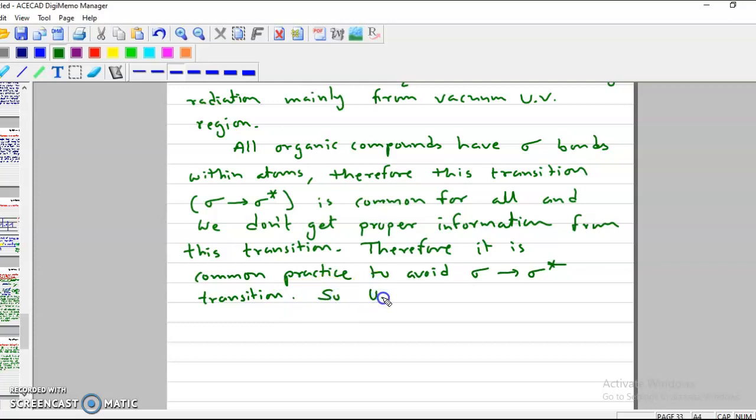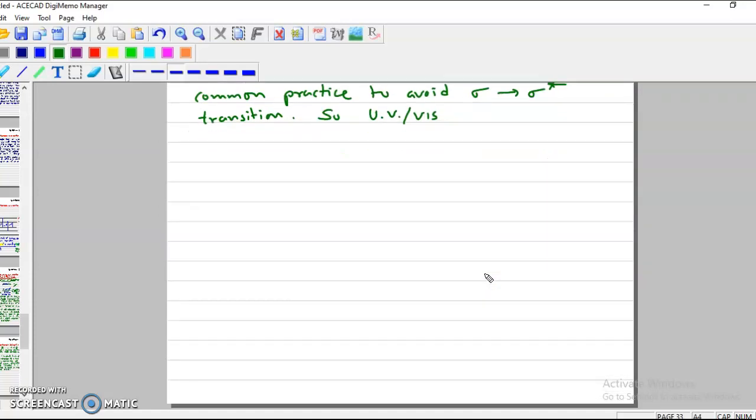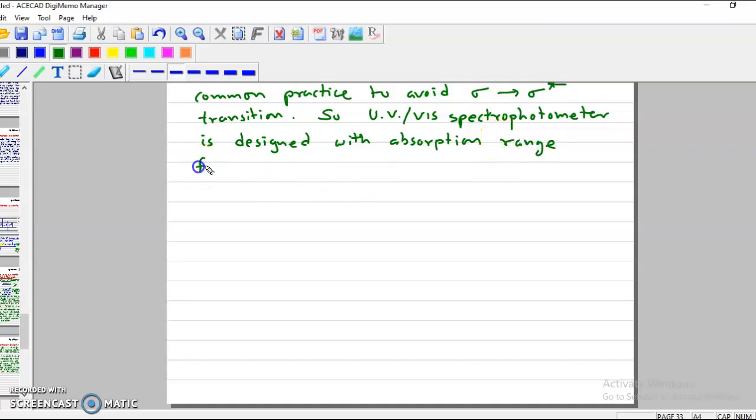So the UV visible spectrophotometer is designed with an absorption range from 200 nanometer to 800 nanometer.